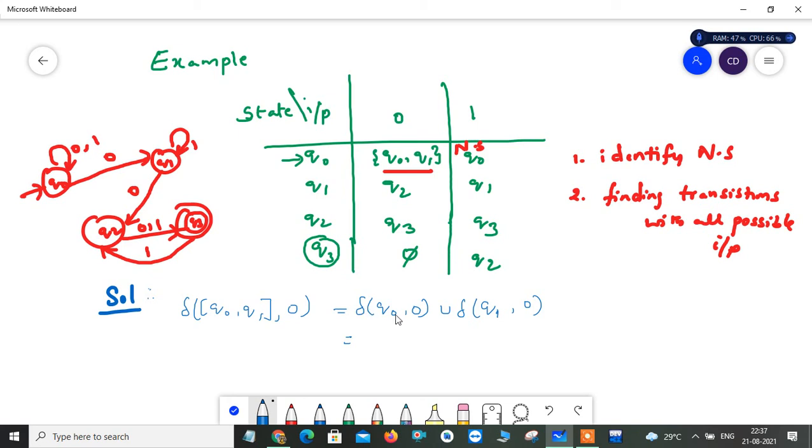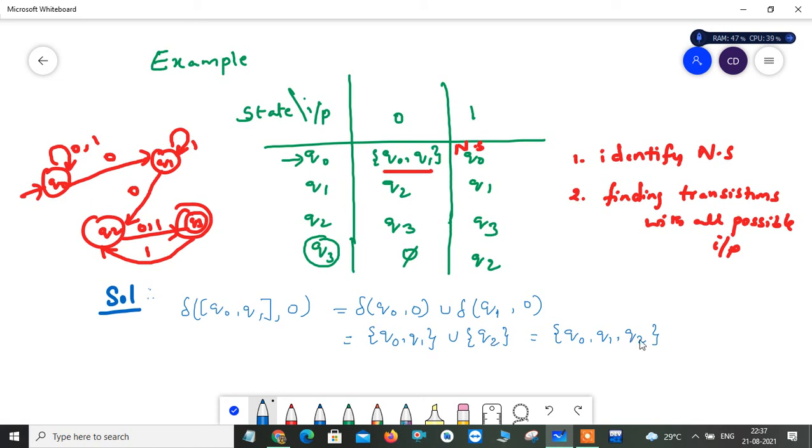What is delta of Q0, 0? It is Q0, Q1. And what is delta of Q1, 0? It is Q2 itself. After finding this union, I get Q0, Q1 and Q2.